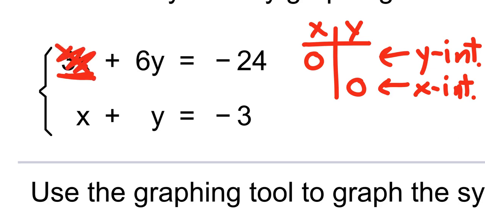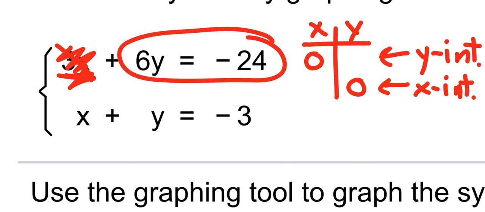Sometimes people actually cover this up, and they call it the cover-up method. What would you get in order to solve this? 6Y equals negative 24. That'd be negative 4, right? You just found the Y-intercept.